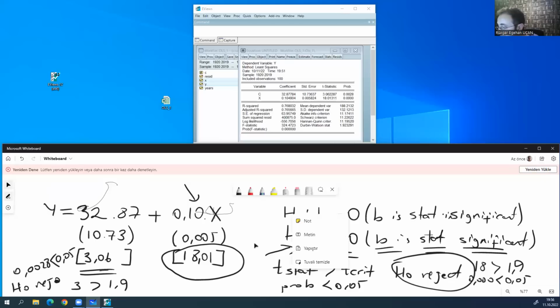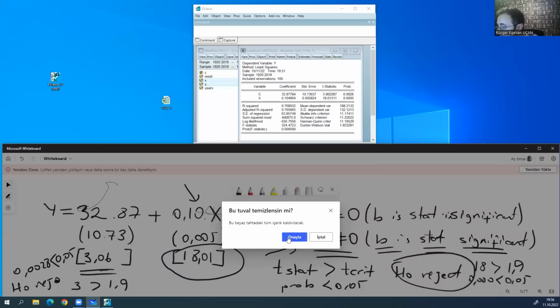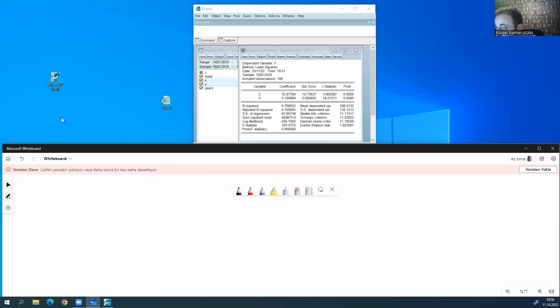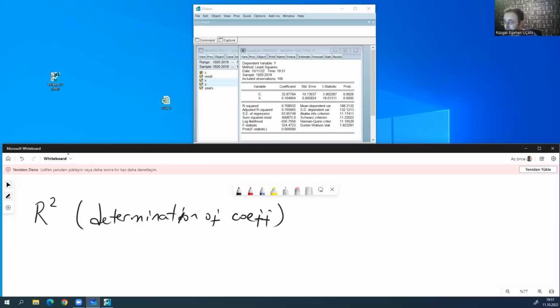And finally, we may look at the R squared value. R squared means the coefficient of determination. What does it mean? You see that R squared is equal to 0.76.